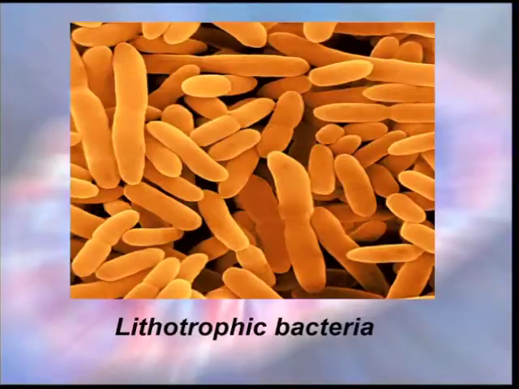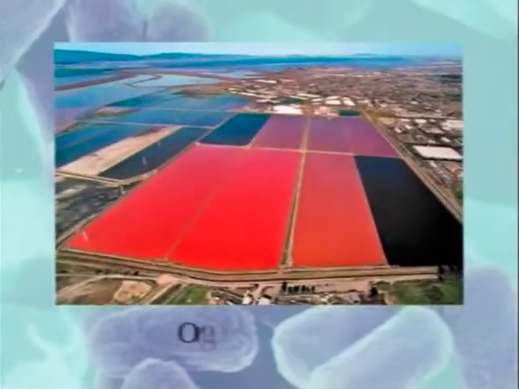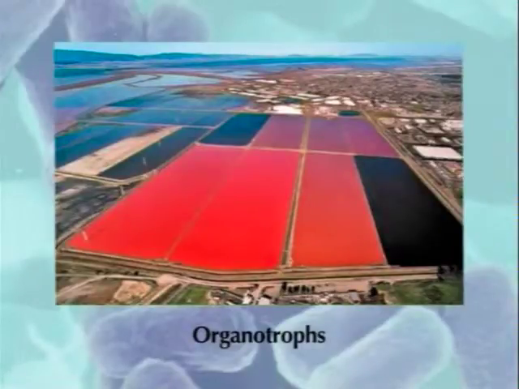As the word suggests, litho means rock and troph means eaters, so lithotrophs are rock eaters. These lithotrophs utilize inorganic substances as their electron source. Now, organotrophs oxidize organic matter for their energy.